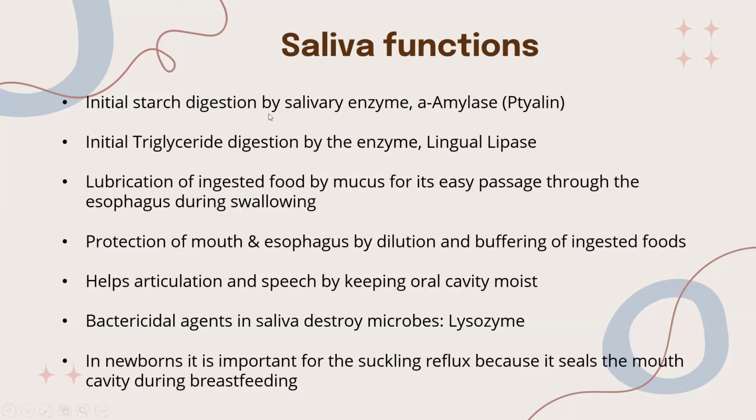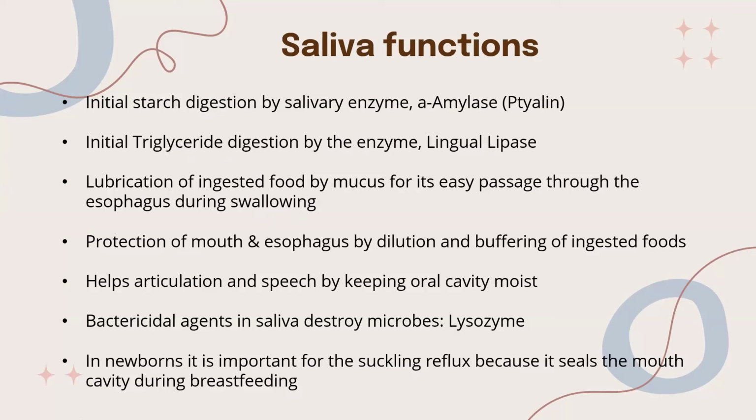The starch digestion is by the salivary enzyme alpha amylase, and the triglyceride digestion is by the enzyme lingual lipase. Saliva also helps in the lubrication of ingested food by mucus, so it can pass easily through the esophagus during swallowing, and it protects the mouth and the esophagus by the dilution and buffering of ingested food.